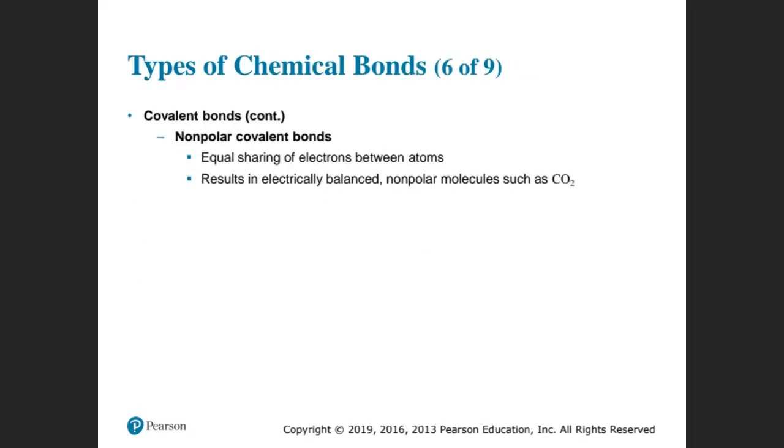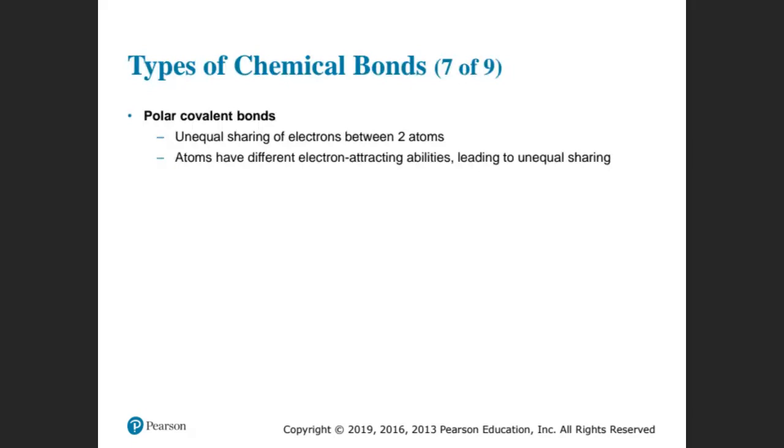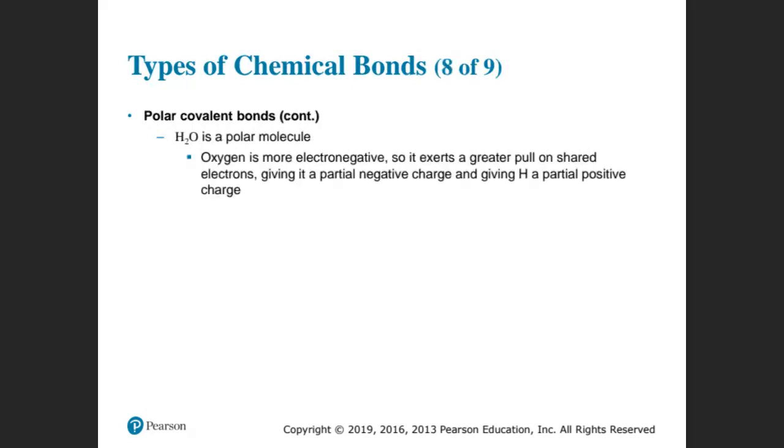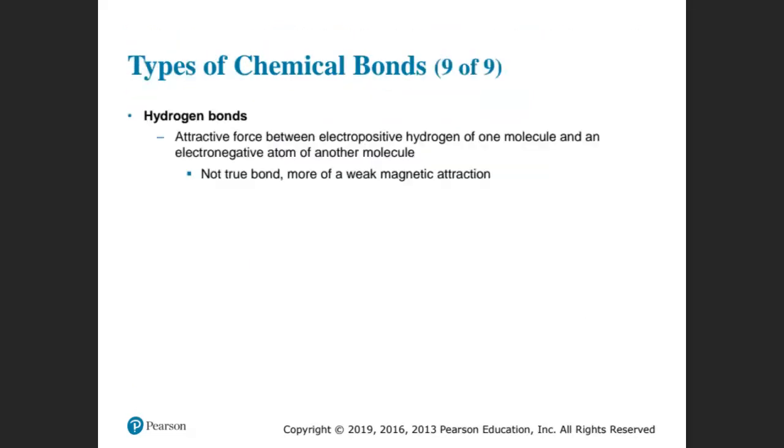Again, nonpolar means that they're shared equally, like in carbon dioxide. And with polar covalent bonds, there's an unequal sharing. And so we see this in things like water. Okay, so I've talked about bonds. Your book has some great tables for this.